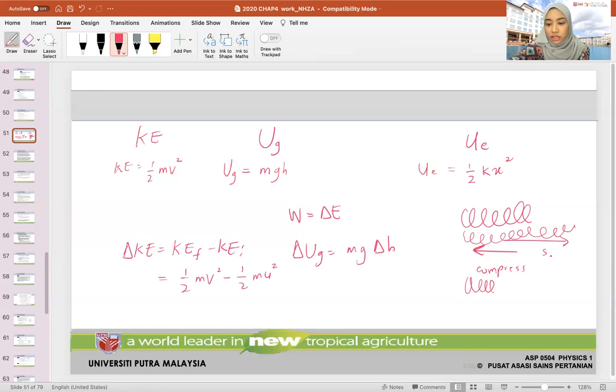So we have the stretching and also the compressing. Stretching is positive delta x, compression is negative delta x, because it becomes smaller. So your changes are related to the position of the spring, the compression or the stretching of the spring. Therefore, only x can change here.